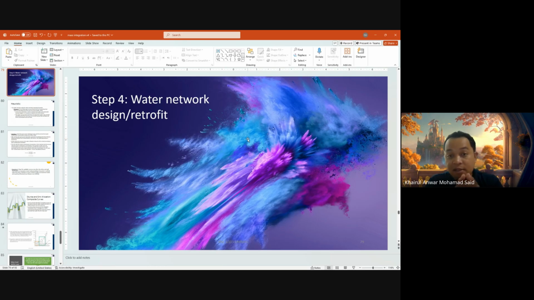We have extracted the data. We have done the WCA to find the targets. So now we have a pile of numbers, yes, but zero pipe, no retrofitting on it would be done yet. So step four is where we actually build the network.